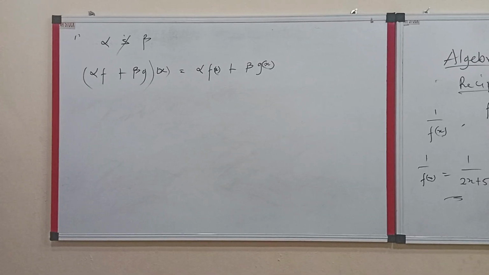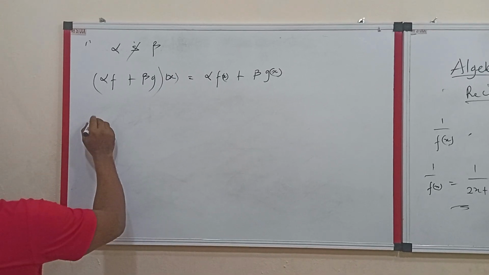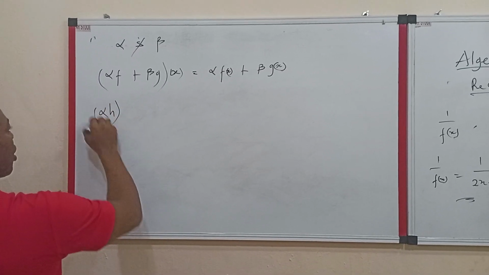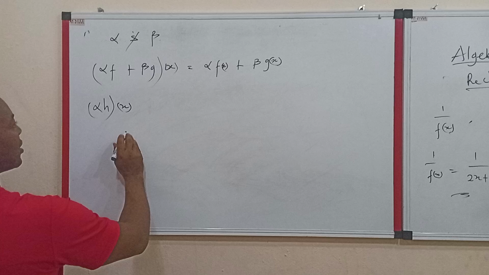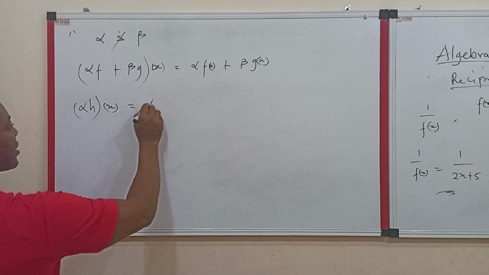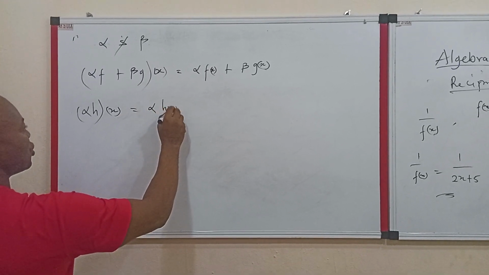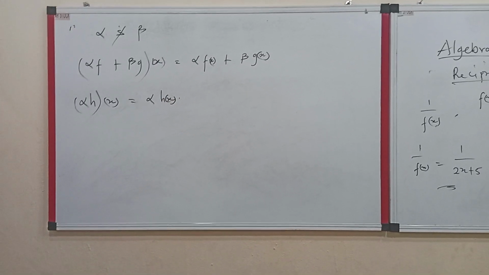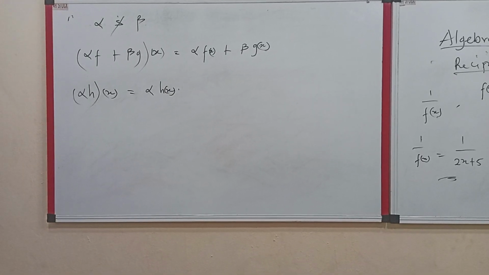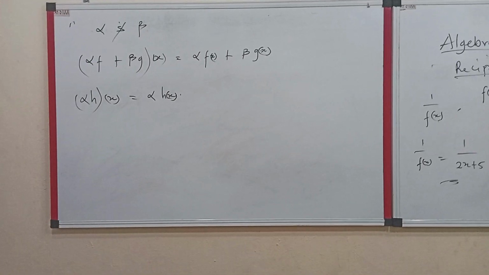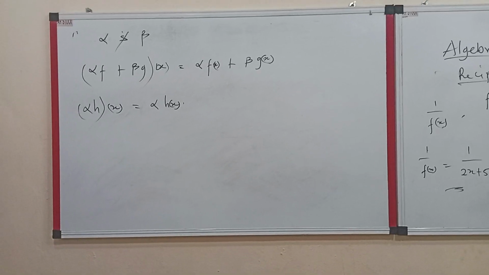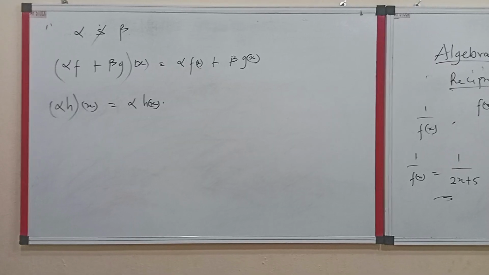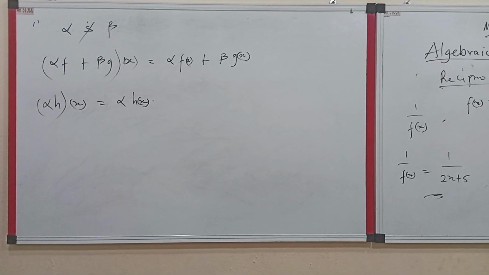So if you have just alpha h, all of x, this is the same thing as alpha h of x. And as we did in the case of functions with scalars, you can also write them similarly as we have done for the addition of functions.